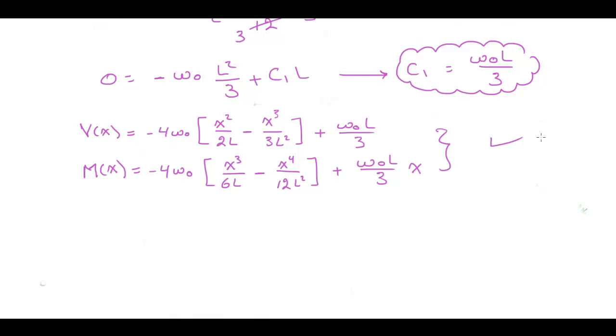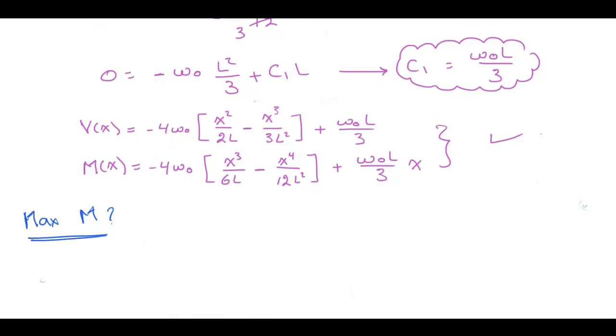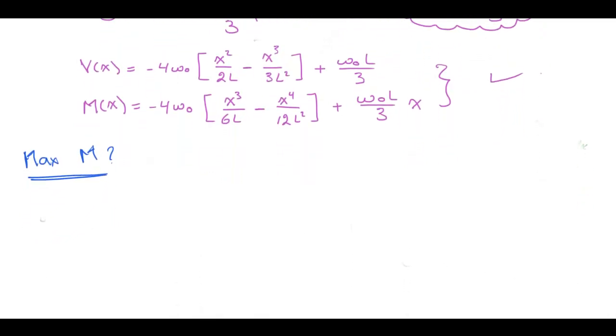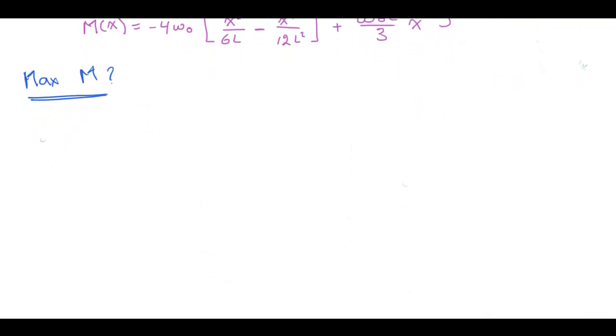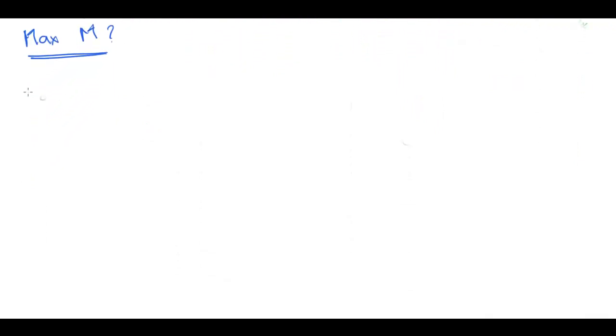And now let's try to jump into how can I find the maximum value of the moment. Let's do another color here, so it's max M. What do we know about the location of maximum M?